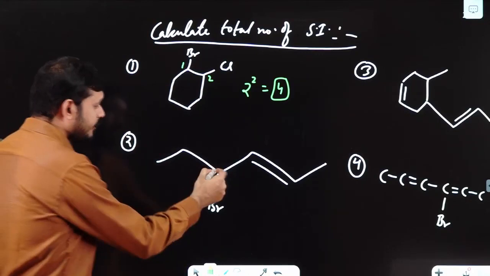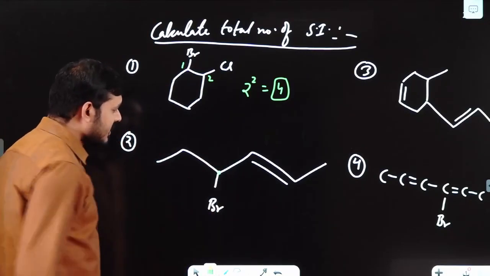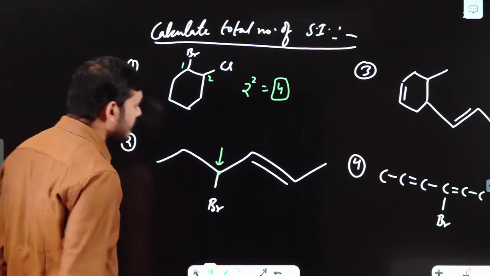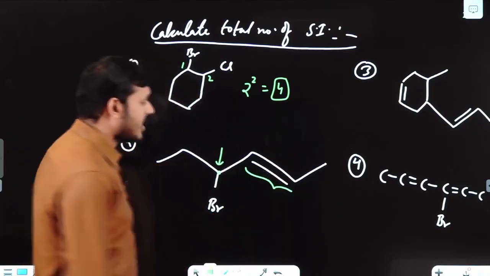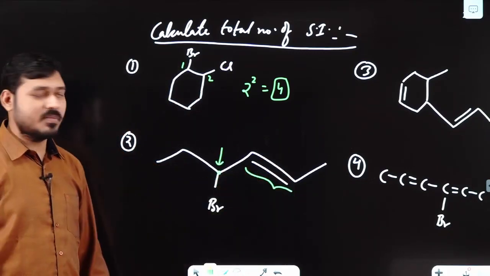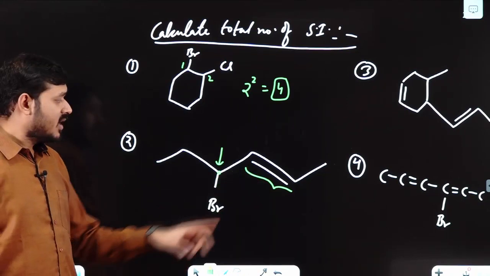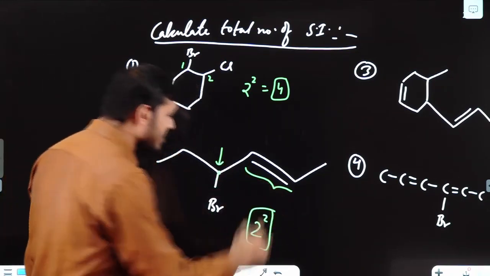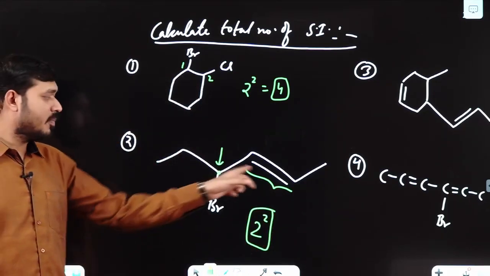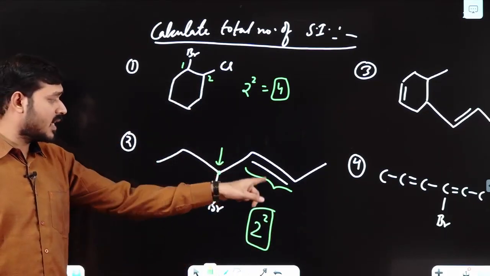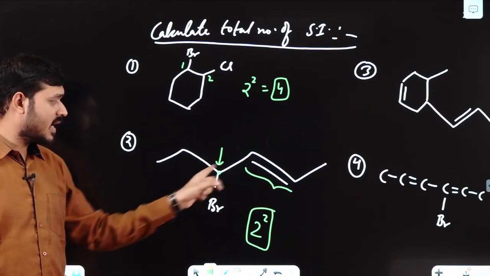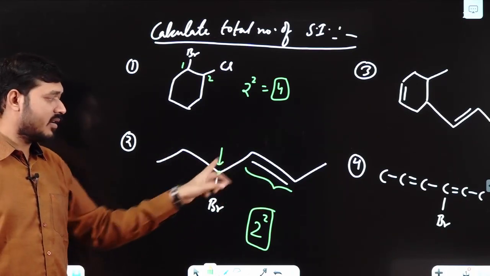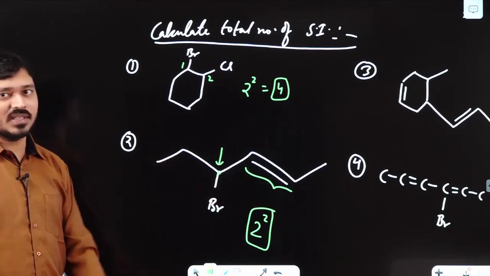Now check this one. In this case, this is a chiral center. Okay, now this part is a stereogenic part. Why? Because it is showing geometrical isomerism. Simply if I have to say 2 to the power 2, why 2 parts? Simply cis R, cis S, trans R, trans S, all 4 cases I have told you.